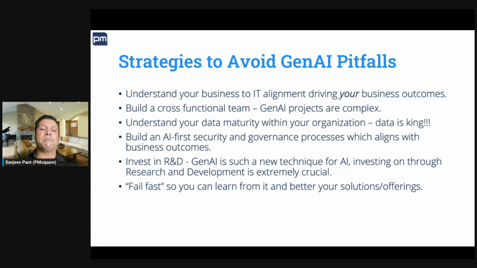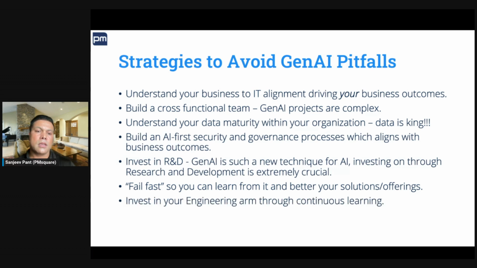So it is always better to fail fast. Apply the agile methodologies. Build it out. If it doesn't work, pivot. And then finally, invest in your engineering arm through continuous learning. It is very important to have continuous learning for your engineering team to know the new techniques of generative AI.